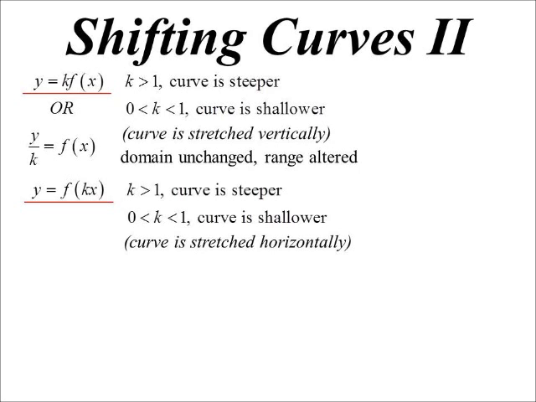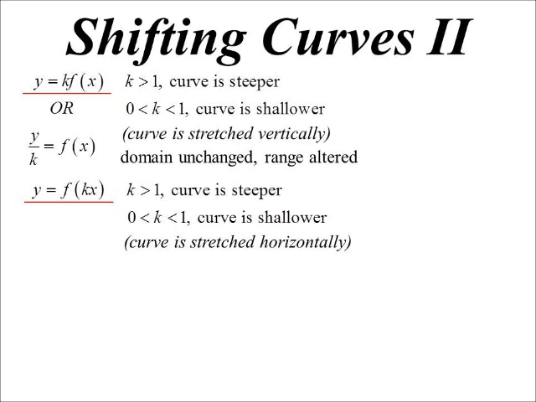Whereas if it is a multiple of x, so instead of multiplying the whole function by x, we're just multiplying every x value. Now it's the x value that's affected. Interestingly, k is greater than 1, it still makes the curve steeper. And less than 1 makes the curve shallower. But that's because in reality, look what happens here.